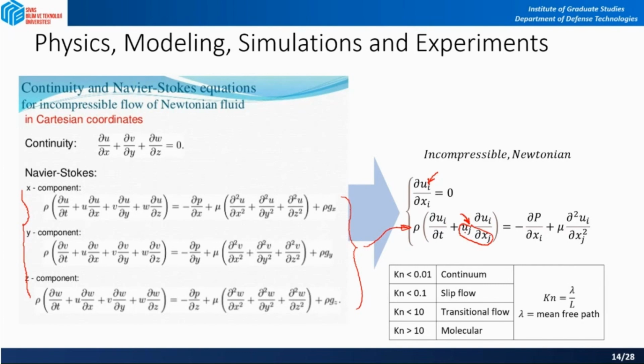It means that it has to be summed up over j, where j equals 1, 2, and 3. So for example, j equal to 1 will give you the x component of the Navier-Stokes equation. j equals 2 will give you the y component, and j equals 3 will give you the z component of the Navier-Stokes equations.